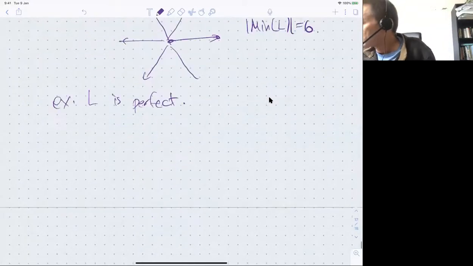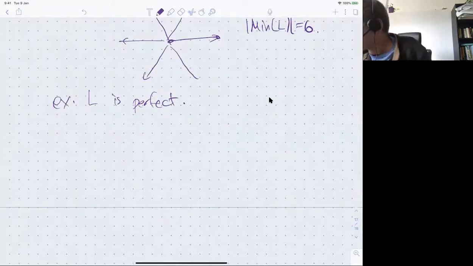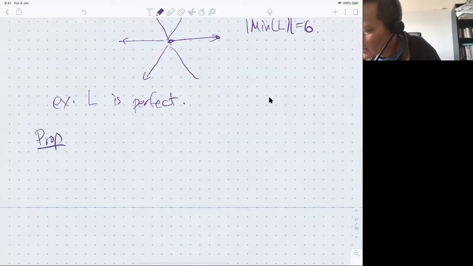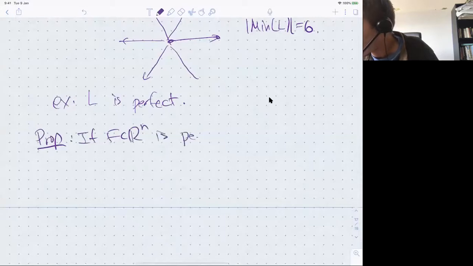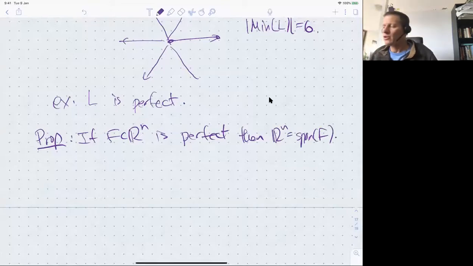what perfect means. So let's write down a proposition that is useful, even though it's very simple. Proposition: if you have a perfect collection, then it has to span R^n. This is not if and only if, as we already saw in these examples.